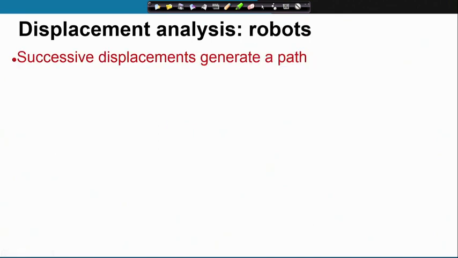Now, in case of robots, remember, robots are mechanisms with degrees of freedom 2 or more. As soon as you have 2 or more degrees of freedom, you have that many actuators, and you can control the displacement of the output of the robot. So, for example, you can control the motion in x direction and the motion in y direction, let us say.